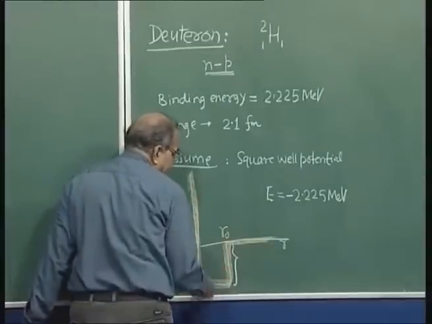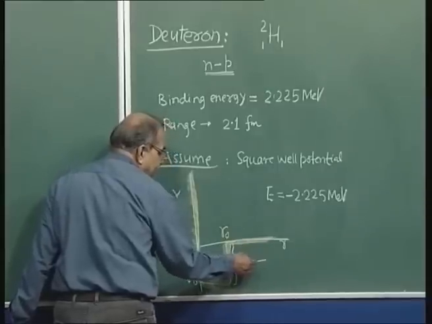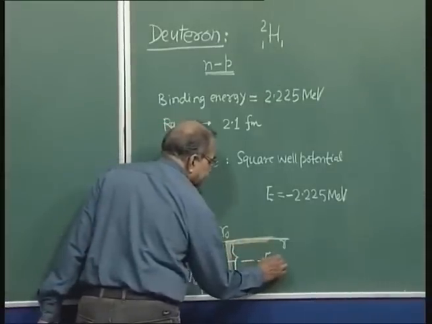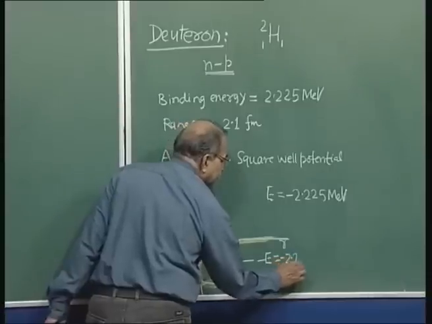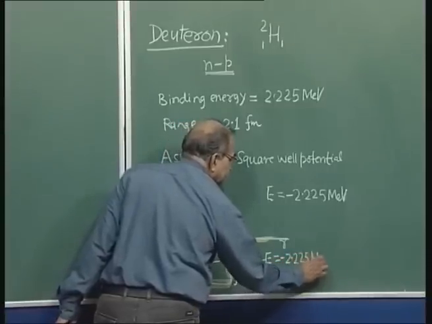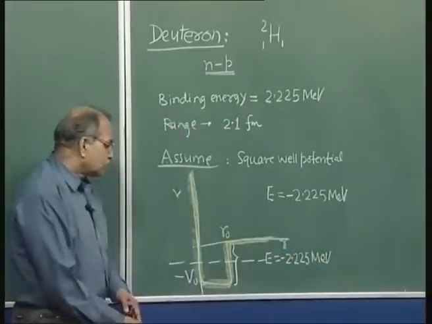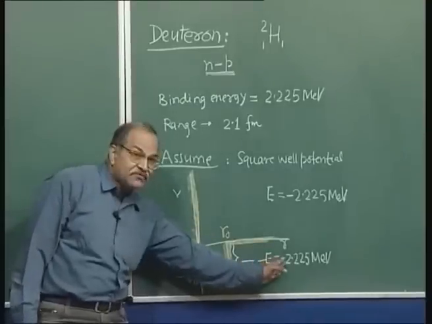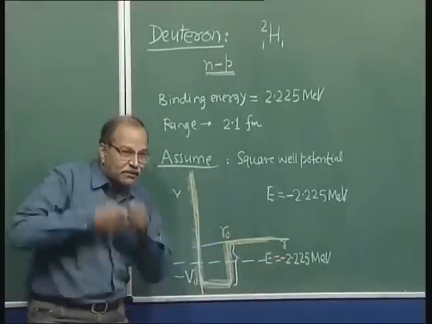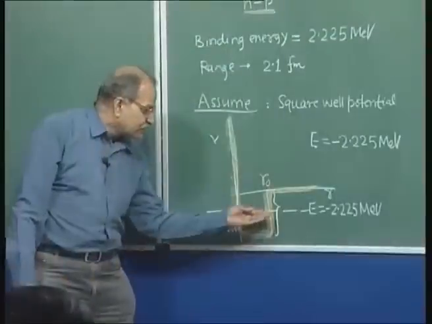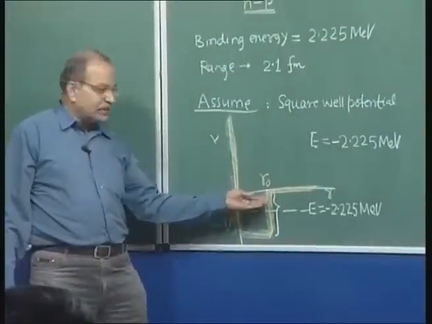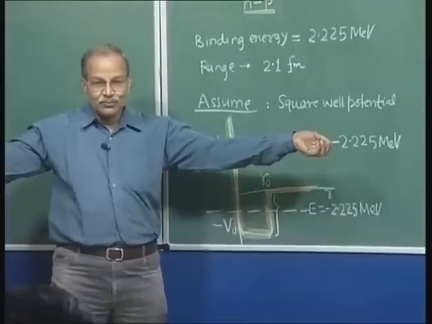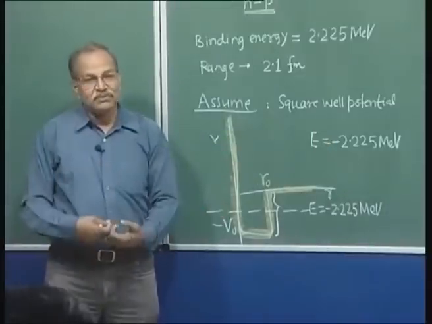Depending on where it is, you can draw a line here and say that this is the energy of the deuteron, minus 2.225 MeV. Why minus? Because if you pump in this much energy, the total energy will become 0, which means the two nucleons have gone apart and the deuteron is broken.